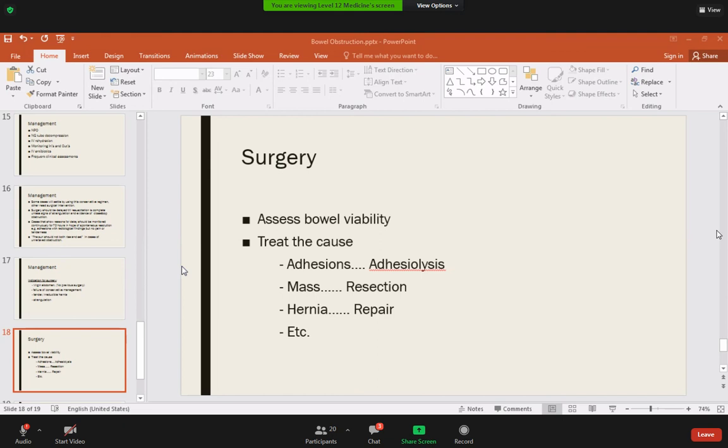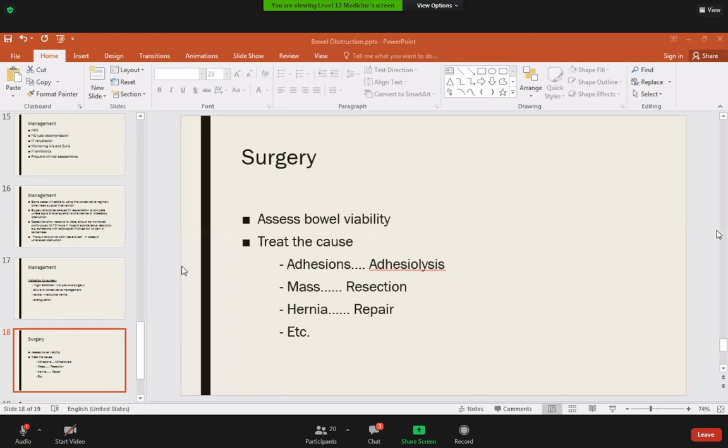But for the gut that was obstructed in that area, first you have to check whether the gut is viable or not. How can we see the gut is viable? There is visible peristalsis, the gut color is bright, it is not dull or bluish or purplish, and when you pat it, it shows visible peristalsis.